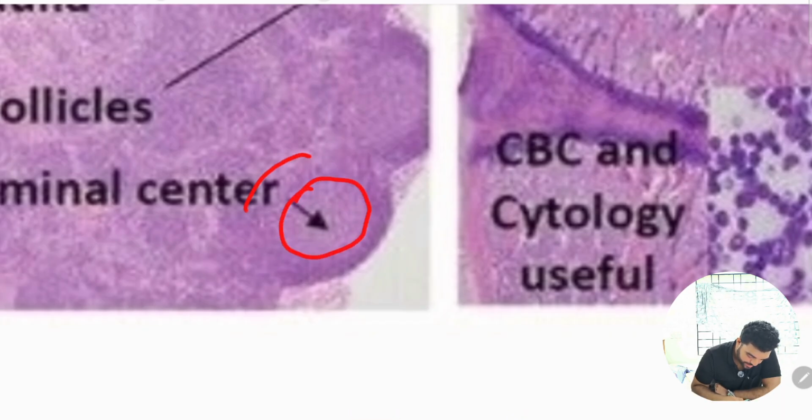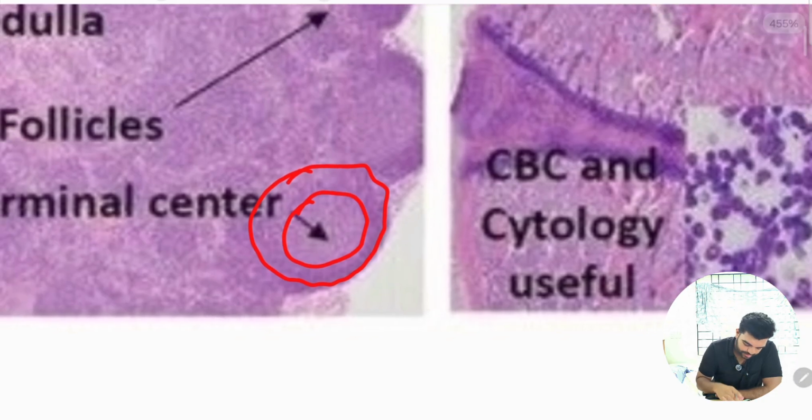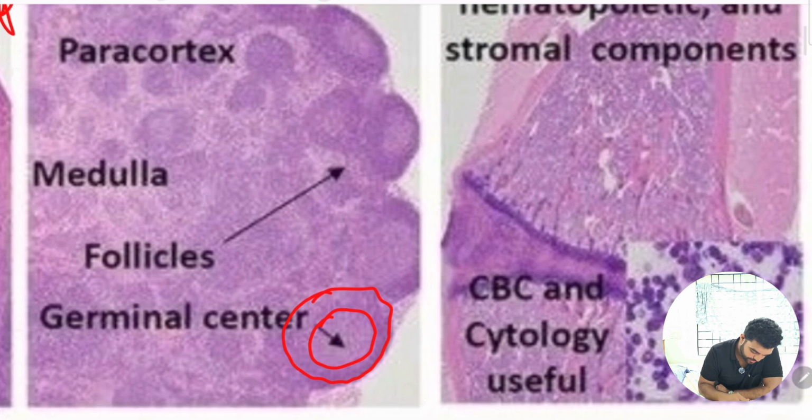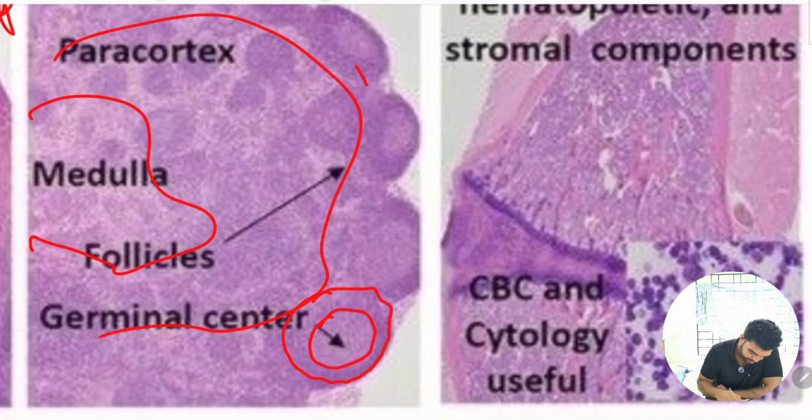So that is why just before going into your exams, just try to take a glance at this histology and just know that this is the germinal center and this is the medulla. This is the medulla and this is the paracortex. Okay, in the paracortex itself, you'll be having these lymph node germinal centers, etc.